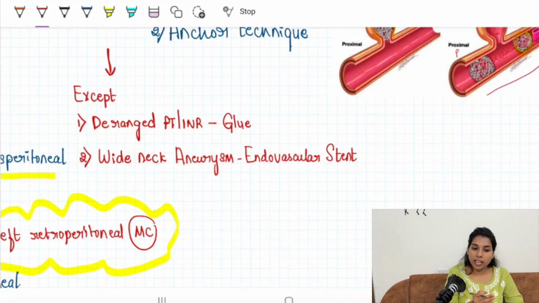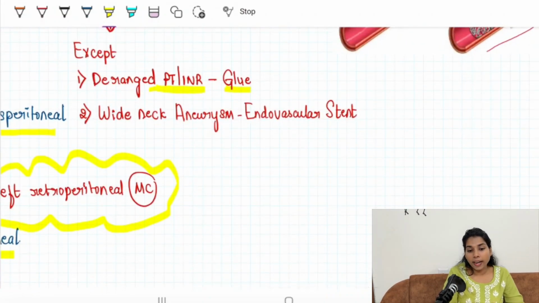If the PT INR is deranged, this clotting does not happen, so always remember, whenever there is a deranged PT INR, you should use glue instead of a coil. However, if you have a wide-necked aneurysm in the proximal part of the artery, where you cannot completely block the artery because of distal ischemia and necrosis of the distal organ, in such a scenario you go ahead and do an endovascular stent.